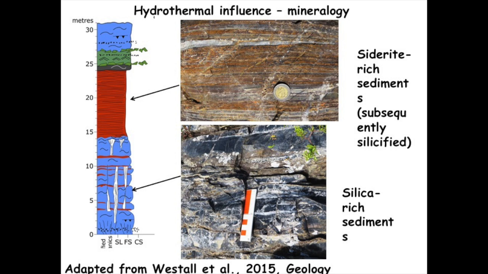They're replaced by silica. But we also see it in the mineralogy. There's a certain horizon in this exposure, which is where photosynthetic microbial mats have been replaced by siderite, and we think that's due to hydrothermal infiltration. But I'll show you some details of this.